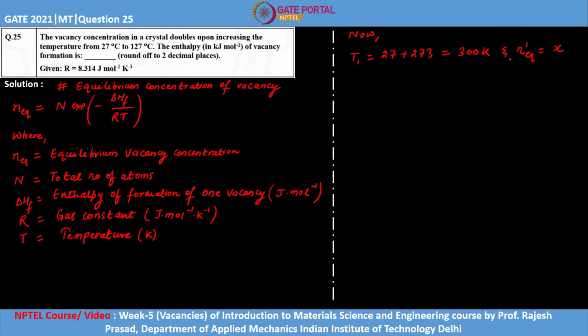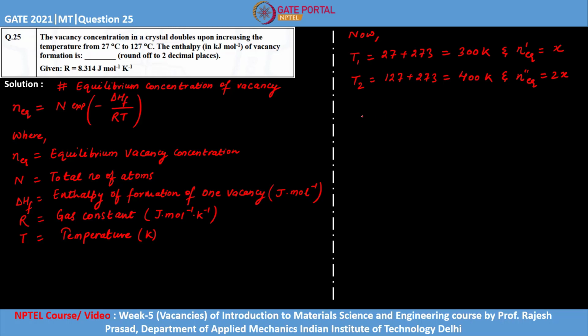The equilibrium concentration of vacancy at this temperature is, let's say, X, denoted by NEQ dash. Now, at the second temperature T2, which is equal to 127 plus 273 equals 400 Kelvin, the equilibrium concentration of vacancy is doubled at this temperature, that is 2X.